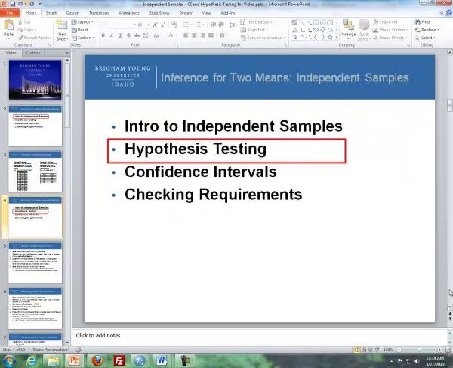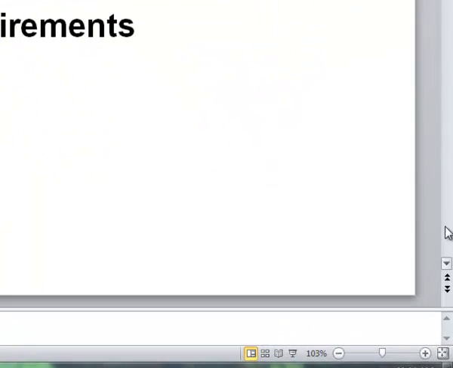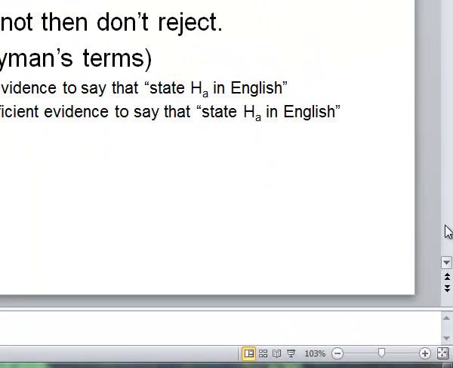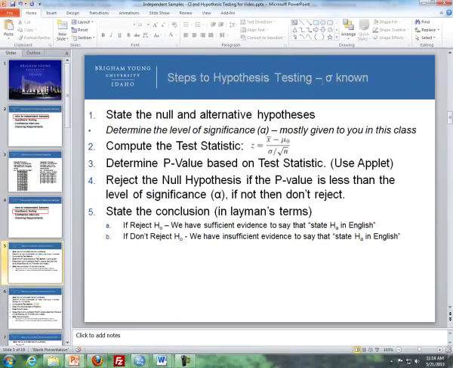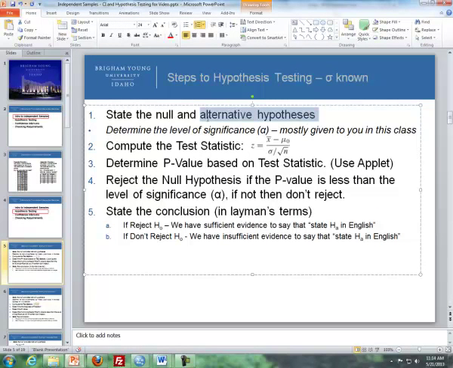Okay, so now let's talk about hypothesis testing. Let's review the steps to do a hypothesis test, and this is where we dealt with one mean, sigma known. First we stated the null and alternative hypotheses.